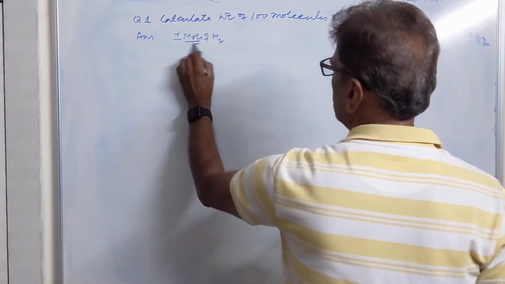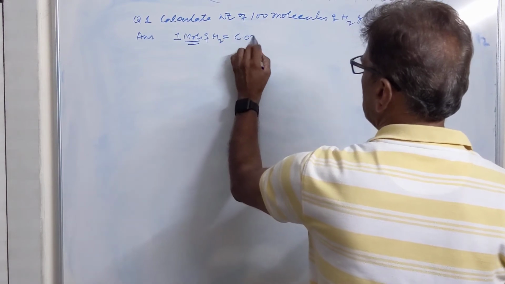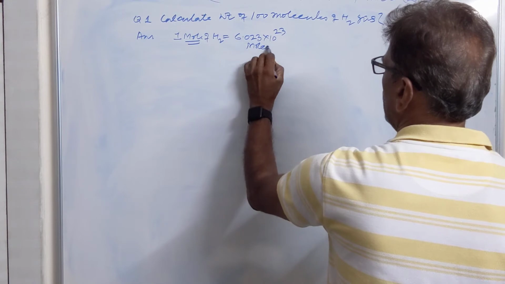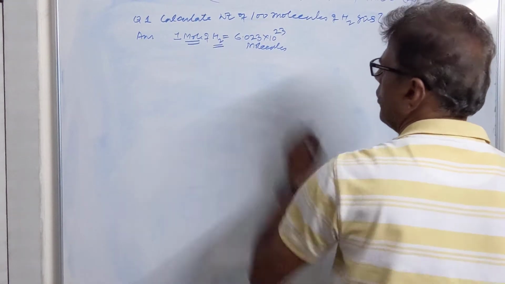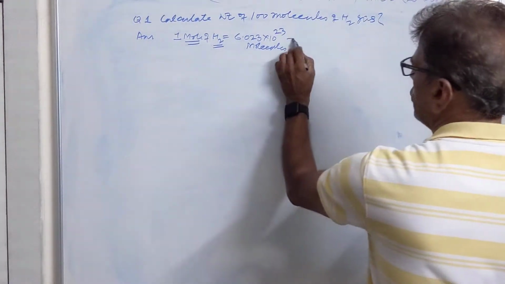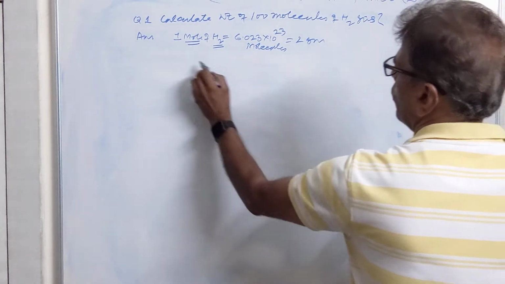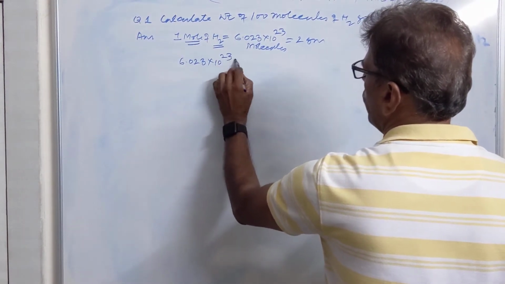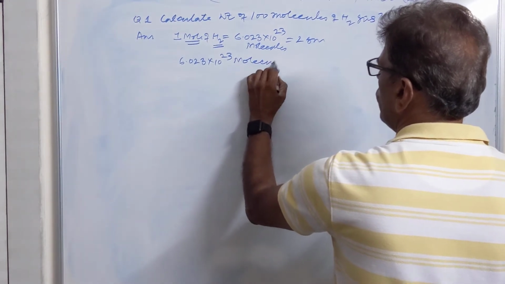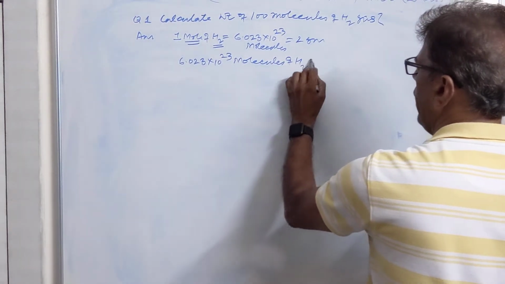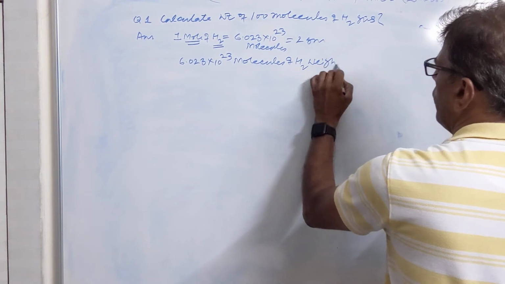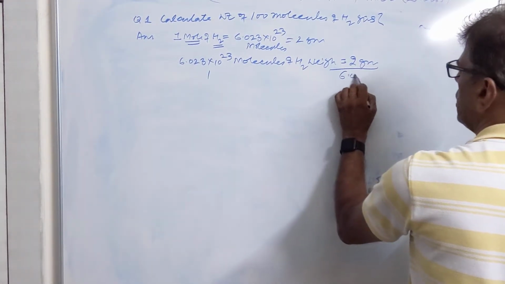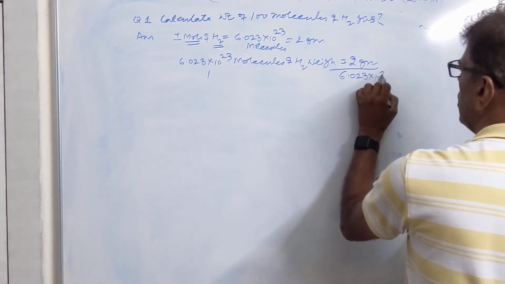1 mole contains 6.023 into 10 raised to power 23 molecules, and their weight, adding the weights of these two hydrogens, 1 plus 1, is 2 gram. Now you follow the unitary method: this many molecules of H2 weigh 2 gram. 1 molecule will weigh how much? 2 divided by 6.023 into 10 raised to power 23.